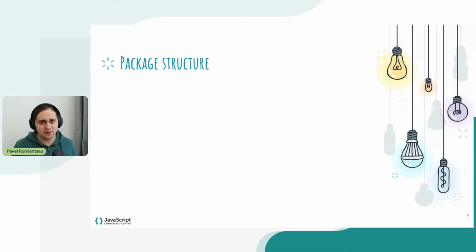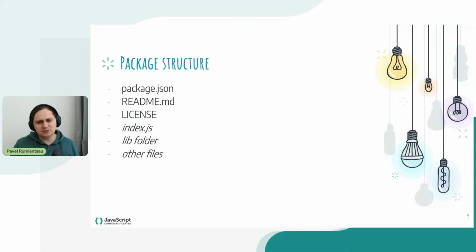So first of all, a very important thing which we usually discuss when we are starting any type of project is how to structure our application, how to structure, in this case, our package. To do so, we need to specify some moments that we want to see in our package.